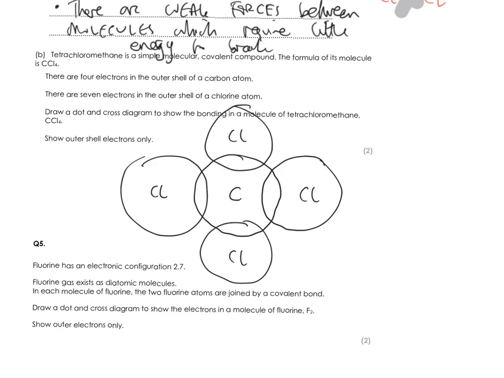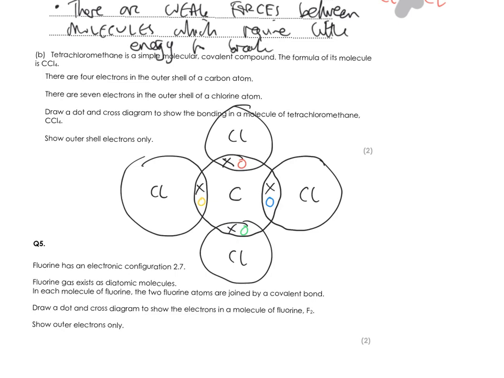So the carbon needs 4 more electrons. It has 4 bonds to get them from, so it takes an electron from each of the chlorines and then it shares 1 back again. It'd be like this. And you'll notice that carbon now has 1, 2, 3, 4, 5, 6, 7, 8 electrons in its outer shell.